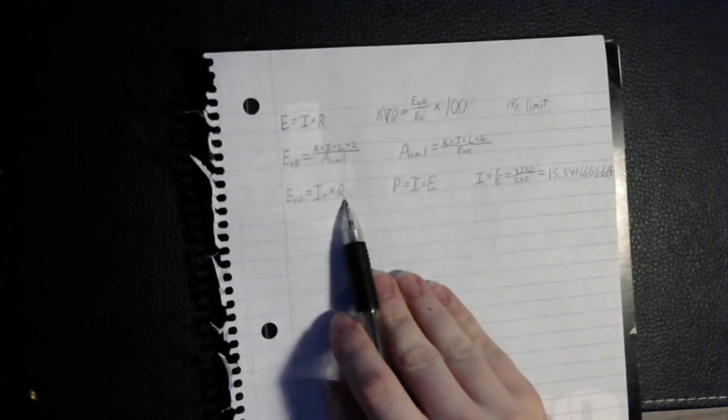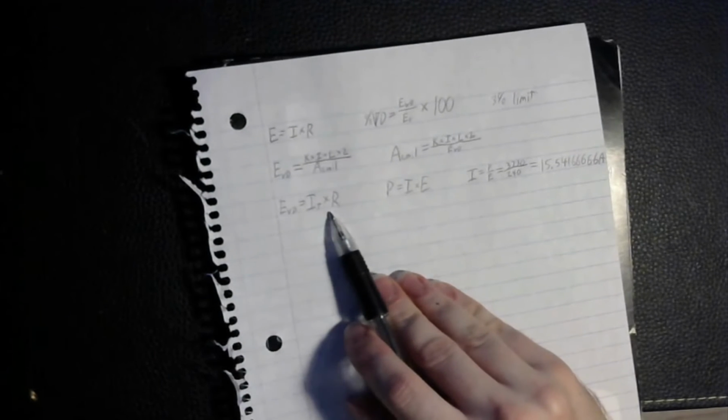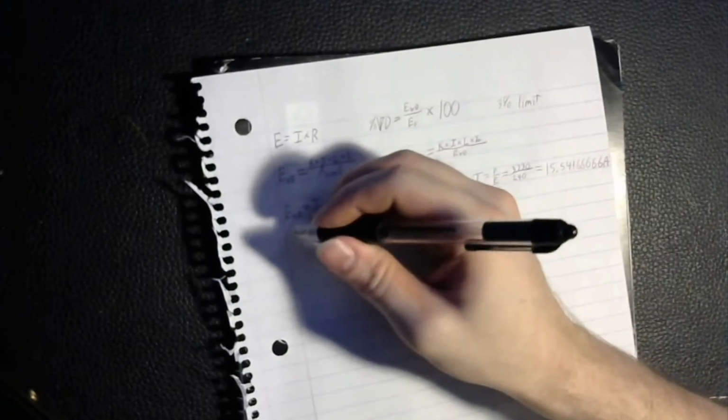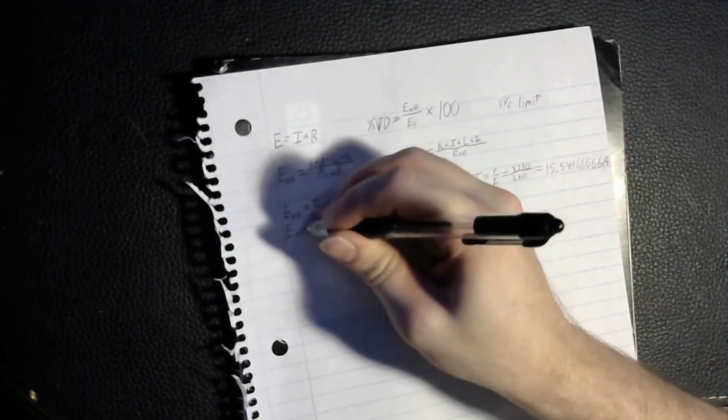The calculation for the resistance is really straightforward. We literally just add the resistance of all of the wire. In this case, it's 0.75 plus 0.75, which is 1.5, because we've got 0.75 on each side.